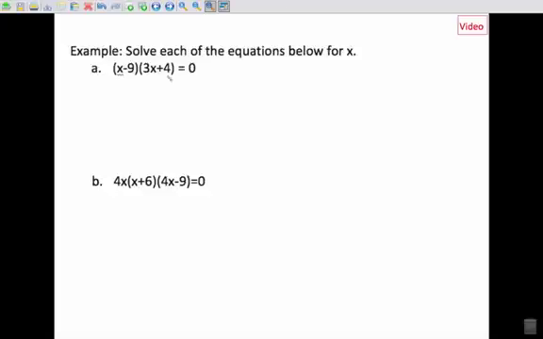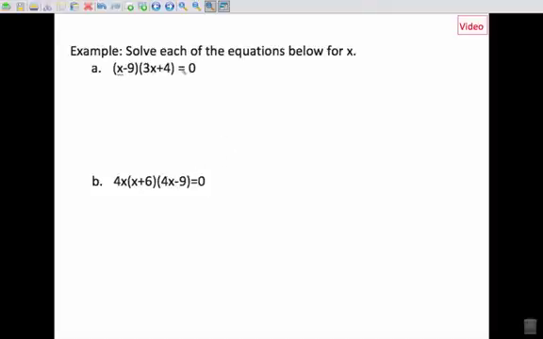Here we're asked to solve each of these equations for x. Right here, I automatically see that both of these equations are written in factored form. It's some expression times some expression times some expression. In both cases, we have factored form.